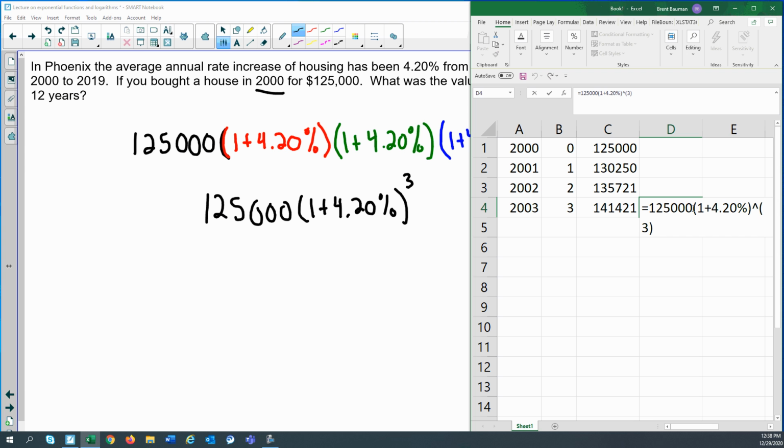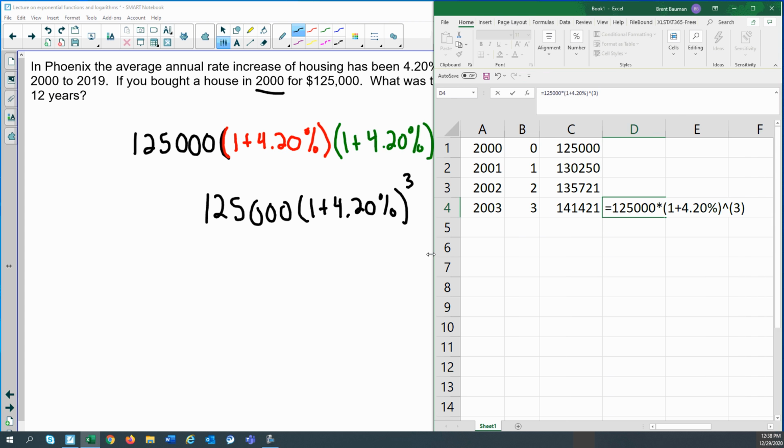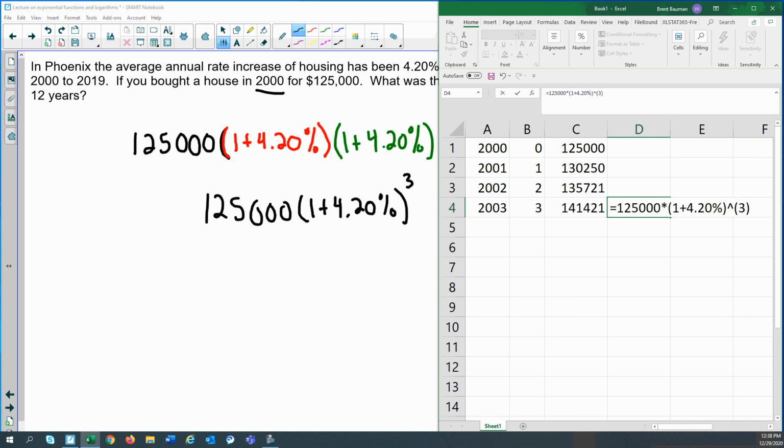Okay, and we're missing the multiplication symbol. There we go. Okay, so we have 125,000 times the 1.420% raised to the 3rd power. And notice the 3 is coming there. And we're hoping that it's going to be the same value as our long process. Okay, and hopefully you can see that we verified that they are the same.